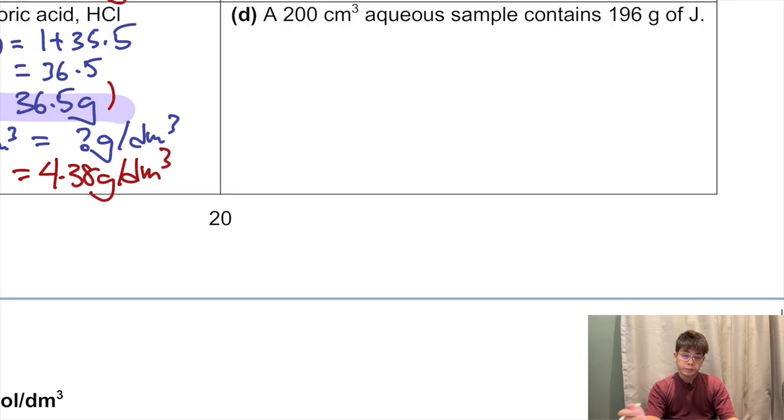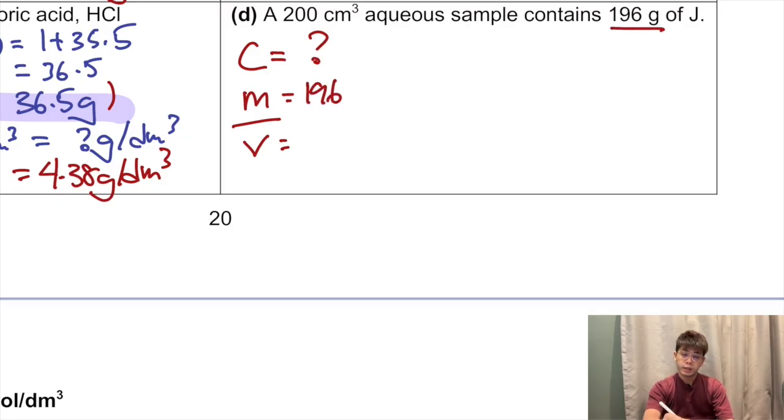Okay, last one. D. So I want to find concentration. So remember, alphabetical order, C equals M over V. Right? So now I want to find C, question mark. M is given, 196, very good. And then volume 200 cm cube, convert to dm cube immediately, divide by 1000.